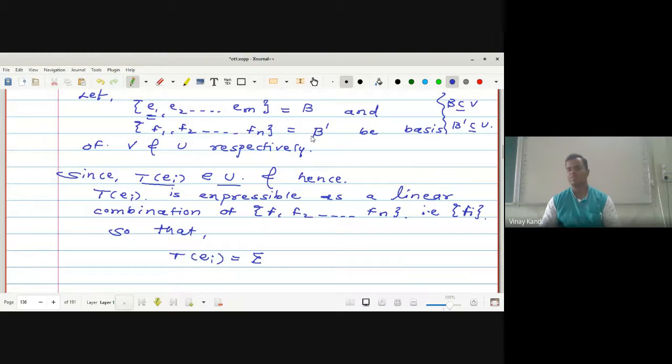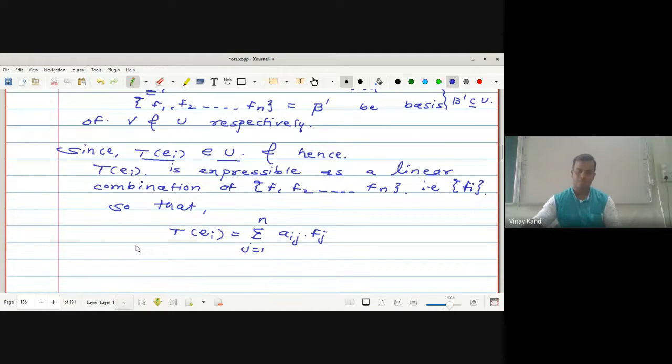So T of ei, which belongs to U, we can write as summation j running from 1 to n of aij into fj.